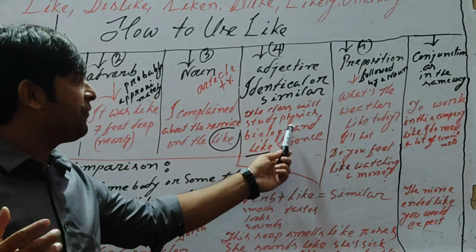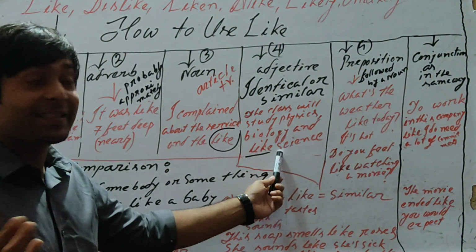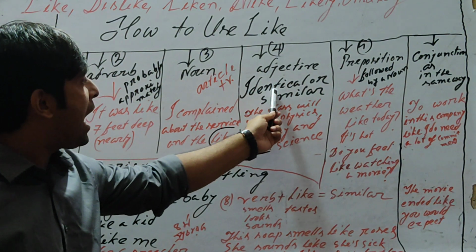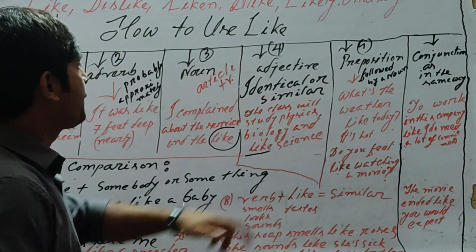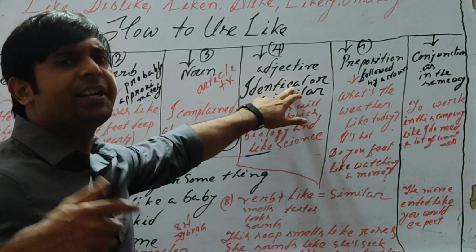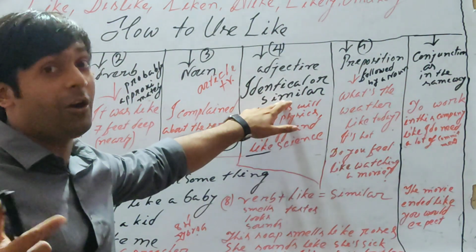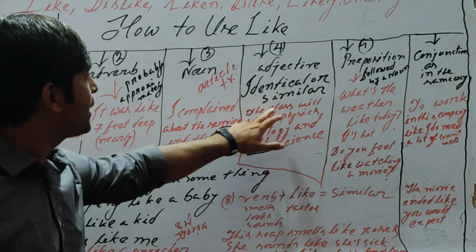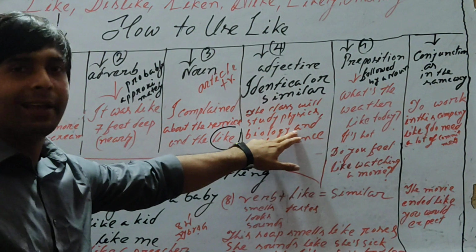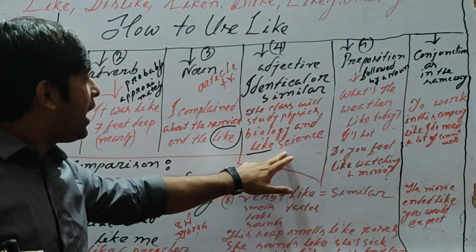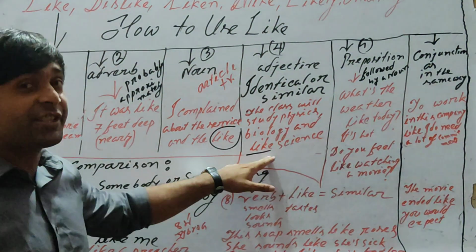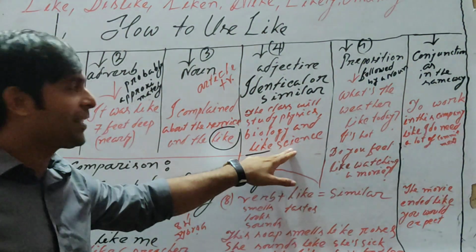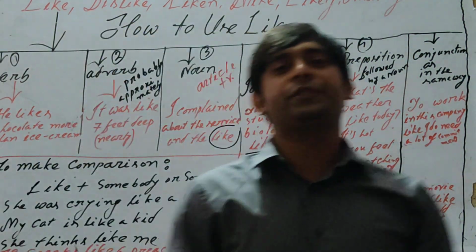That describes something identical or similar, so there is similarity. The class will study physics, biology and like science, because physics, biology or chemistry are included in science. Okay, thank you. The next one is called preposition.